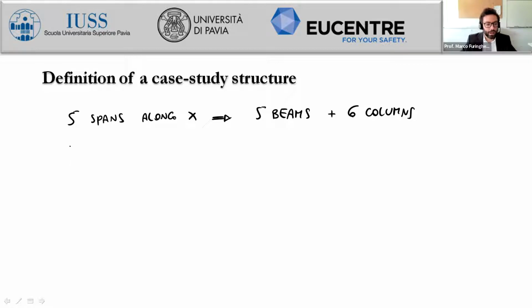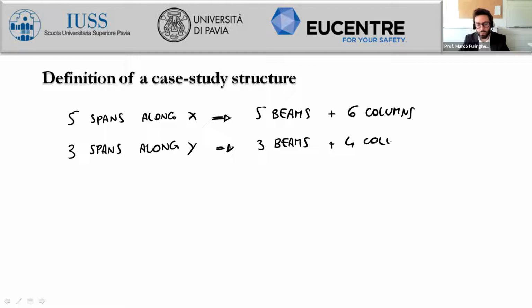And we have 3 spans along Y, and this means 3 beams and 4 columns. Okay, and we have 3 stories.